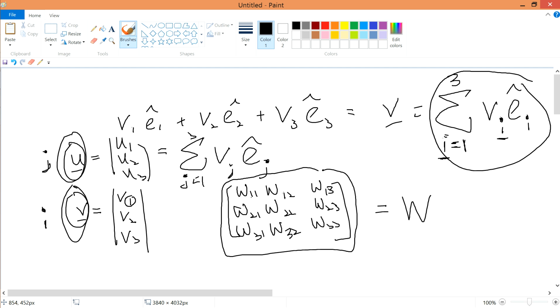We can simply write them in terms of ij. This matrix itself is represented by all these elements, depending on what i and j values you pick, and this is the thing that you often see in your books: wij. This i depends on one vector, j is another vector.